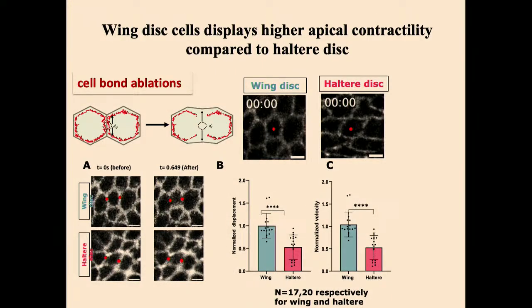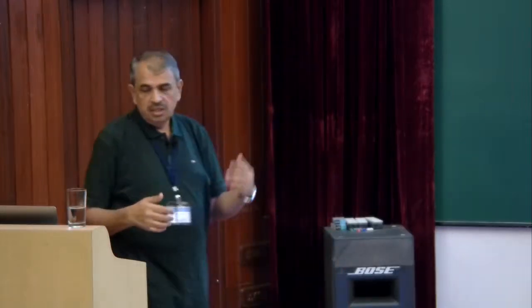where the membrane is stretched versus where the membrane is not stretched, right? You can do this kind of experiment these days by simply ablating the membrane from one end and seeing how much is the recoil. It's like you stretch a rubber string and cut it in the middle, and then you see that it snaps at the two ends to the opposite sides, and this is called recoil. You can actually measure this: how much is the displacement, what is the recoil velocity, which will give you an indication of the cortical tension.